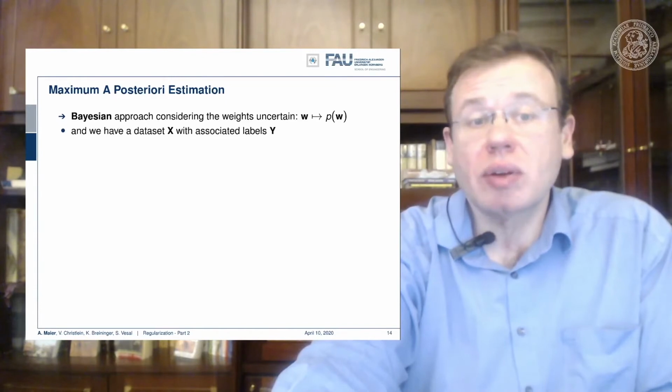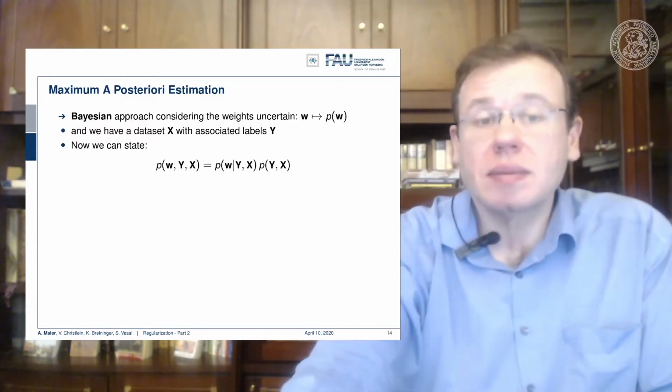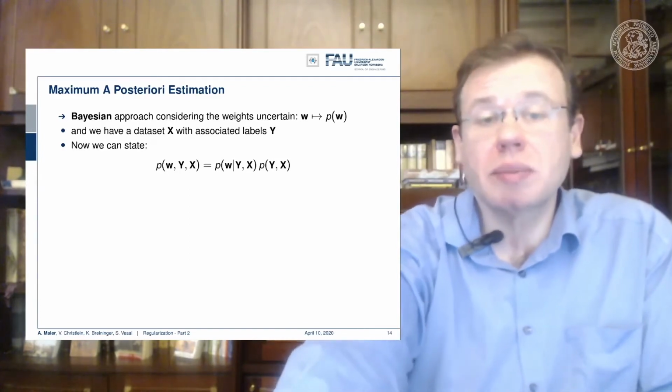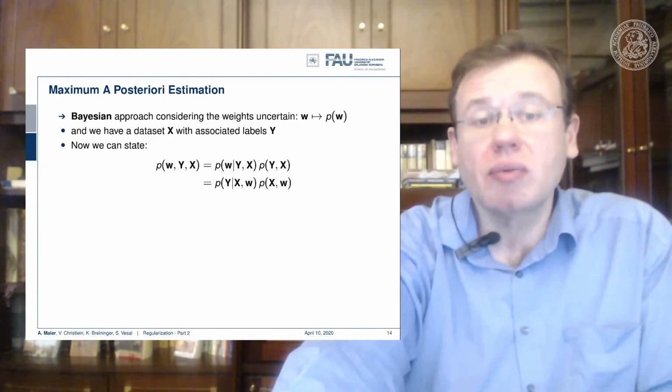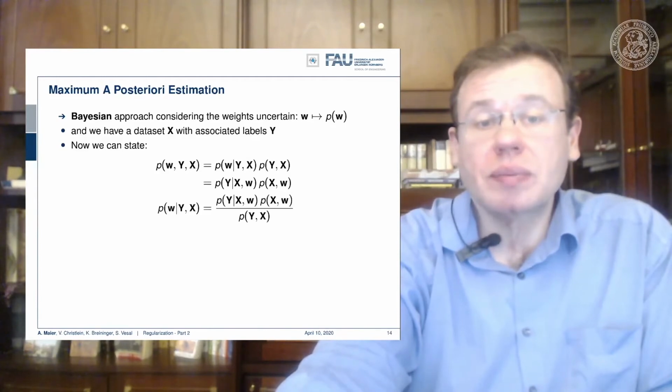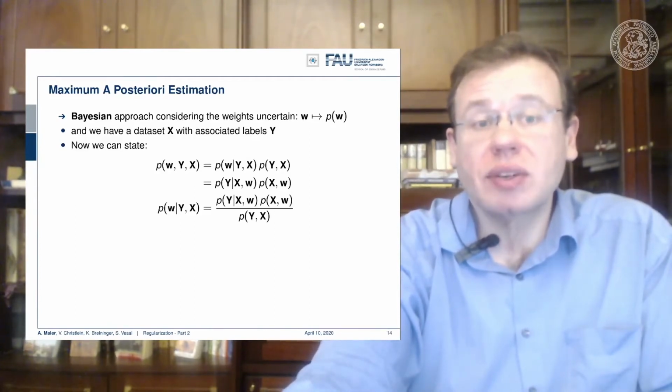And now if we have some data set X with some associated labels Y, we can see that the joint probability is the probability of W given X and Y times the probability of X and Y. We can reformulate that into the probability of Y given X and W times the probability of X and W. And from these equalities, we can derive the Bayes theorem: the conditional probability for W given Y and X can be expressed as the probability of Y given X and W times the probability of X and W, and this is divided by the probability of Y and X.